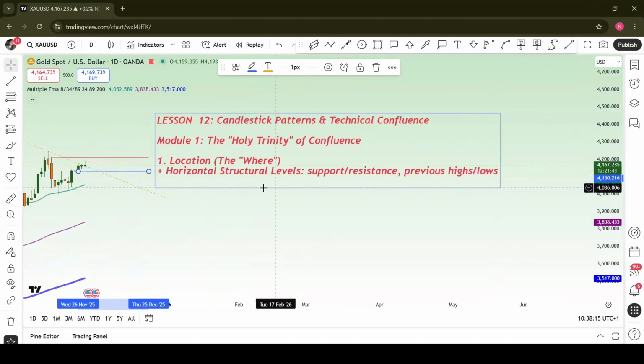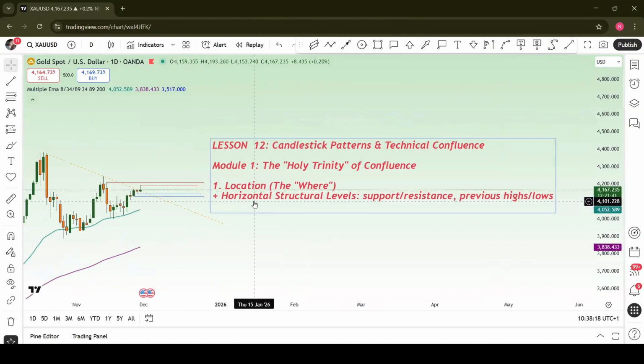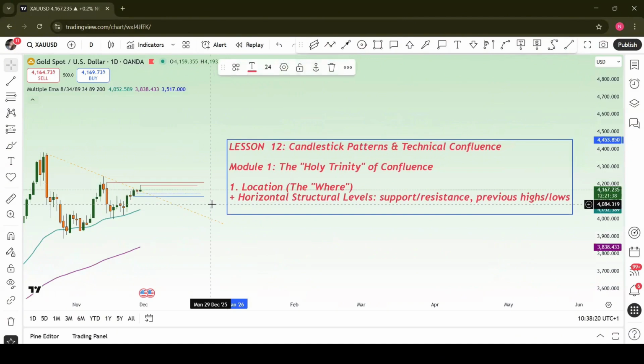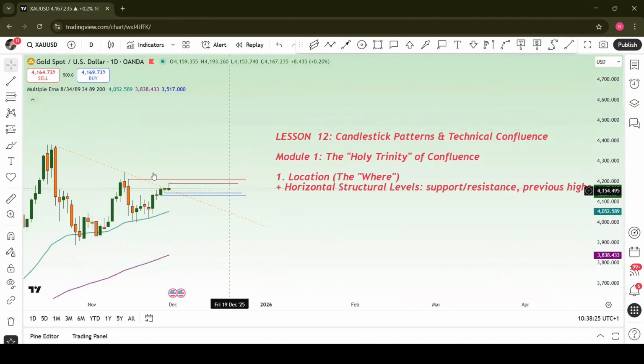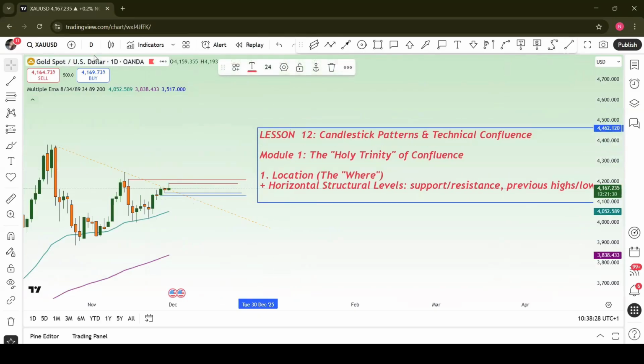Okay, choose the area near the current price. So this is the example to do in the daily time frame.